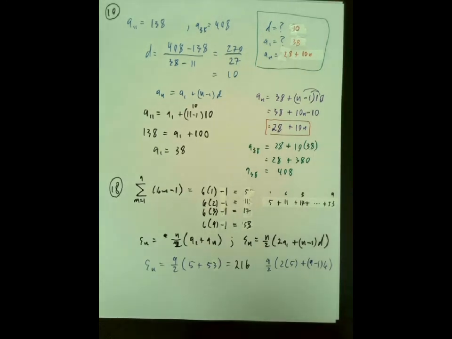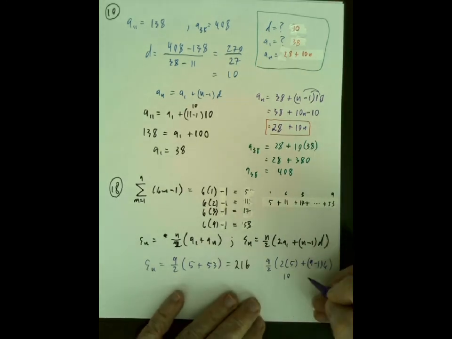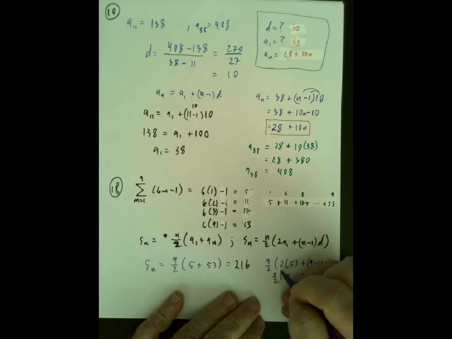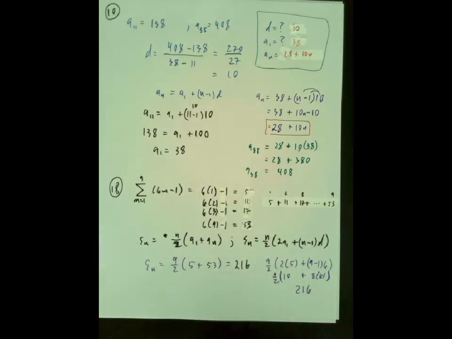So this is 10 plus 8 times 6, all multiplied by 9 over 2. And if you work that out, that still gives us 216. So either formula is correct, and which one is easier depends on which information you've got.